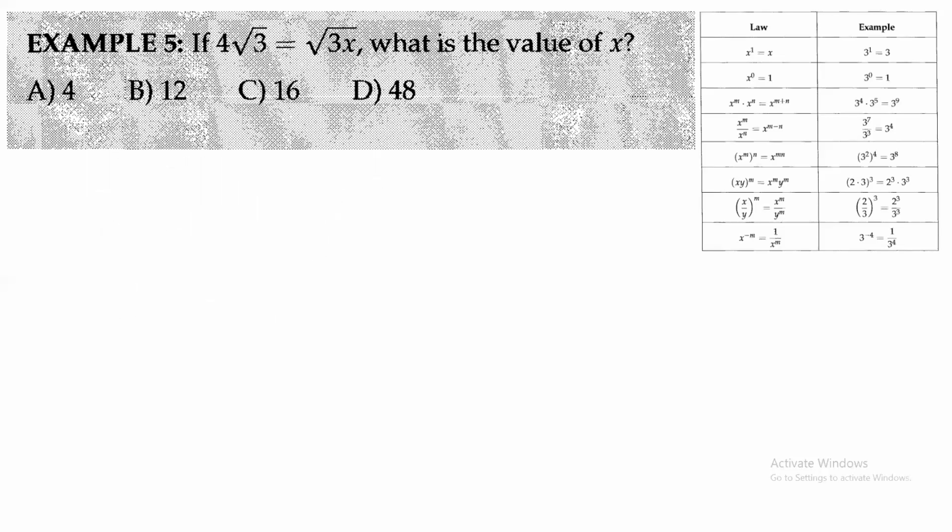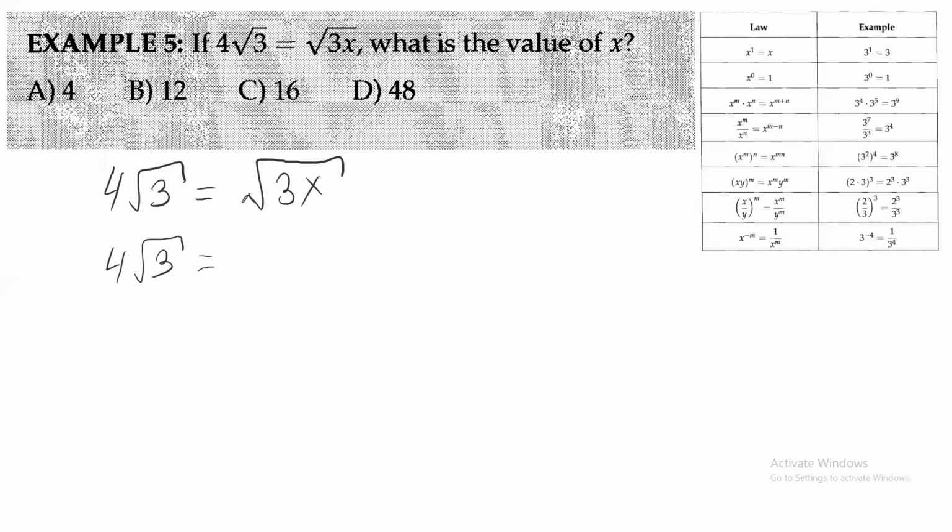And the last example. If 4 multiplied by square root of 3 is equal to square root of 3x, what is x? 4 square root 3 is equal to square root of 3x. Let's leave the left hand side for now and deal with the right hand side.